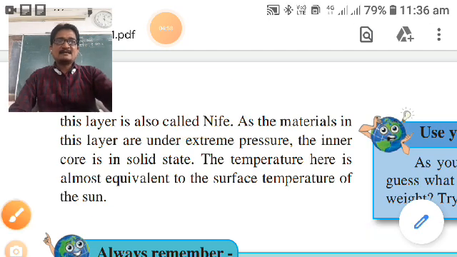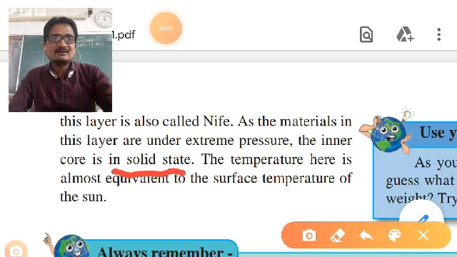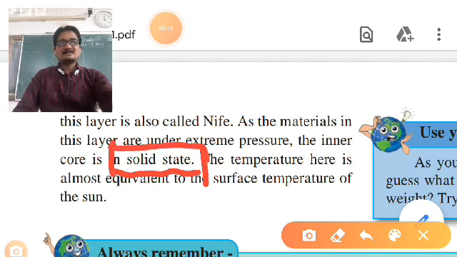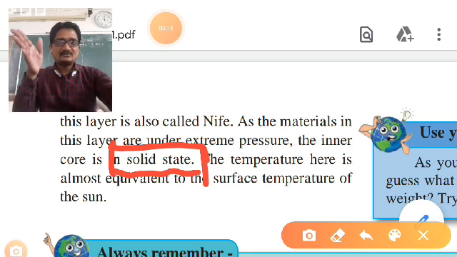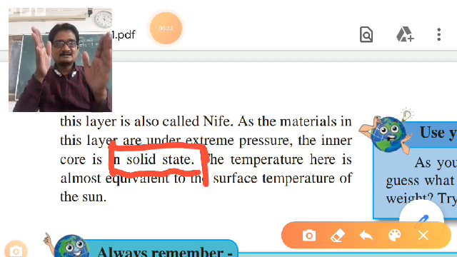As the materials in this layer are under extreme pressure, the inner core is in solid state. When a question asks to differentiate between inner core and outer core, you should note down all these 3-4 points in each section. So the inner core is in solid state.